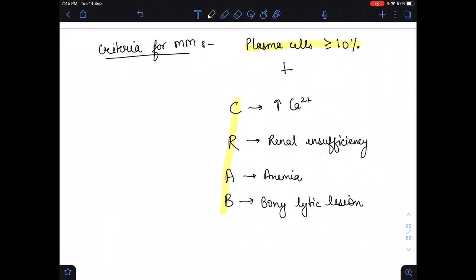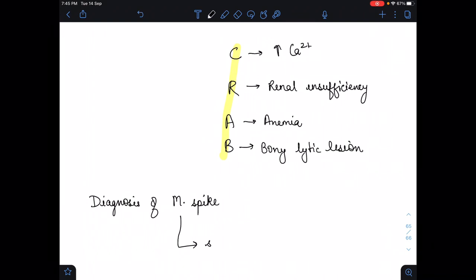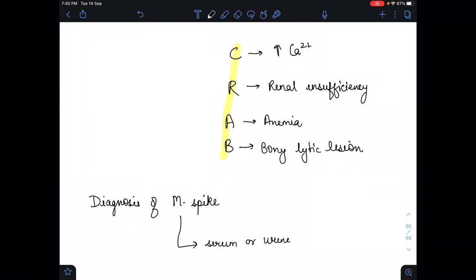Now for the diagnosis of multiple myeloma, we also find an M spike. The M spike is seen in the serum or urine electrophoresis.